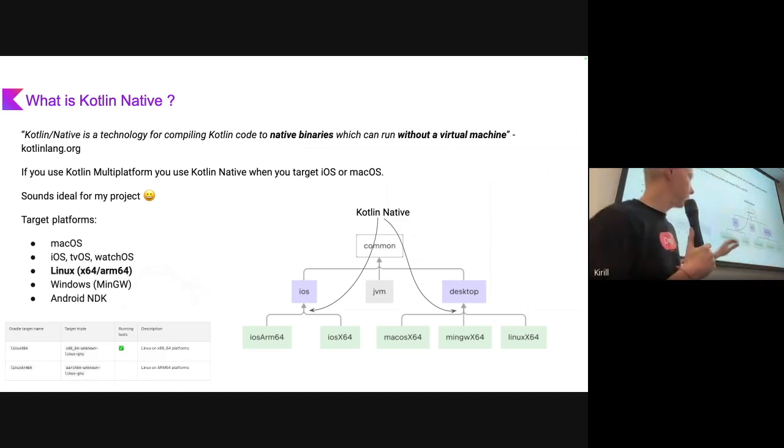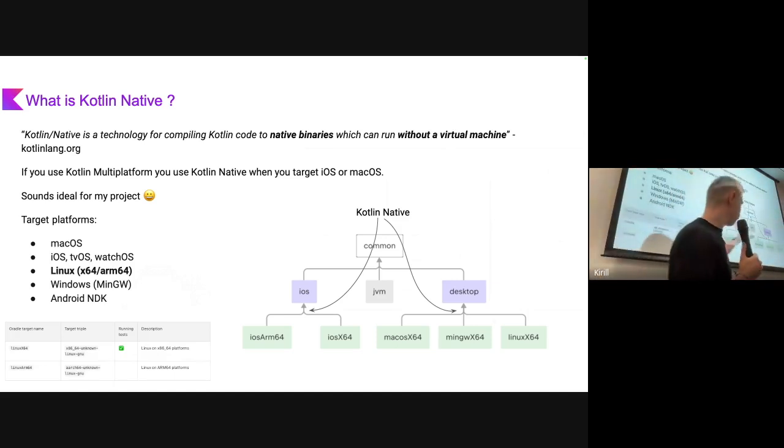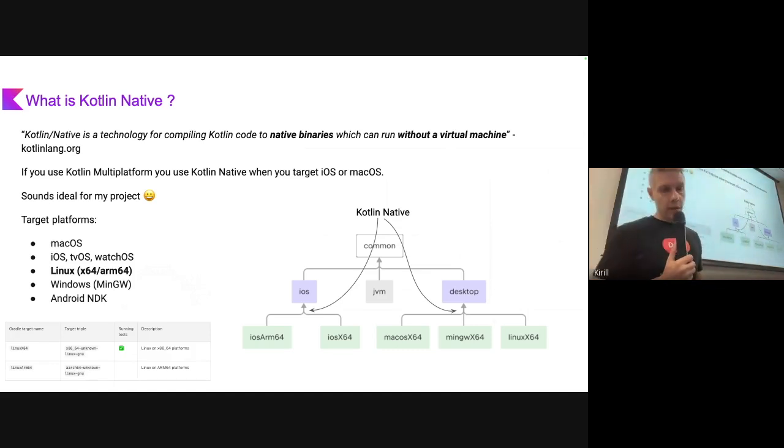JetBrains didn't highlight it, but that's pretty much about it. They target a lot of platforms, with different tiers. The first level, of course, is macOS, iOS. But you can also see tier 2, like Linux x64, ARM64. So that sounds perfect for my project.